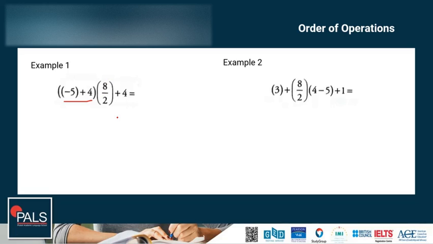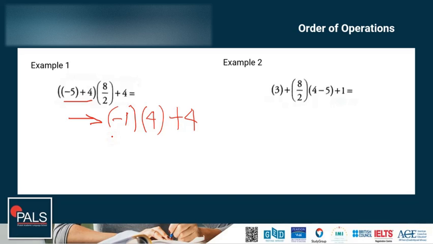Now, let's solve. -5 plus 4 is equal to -1. Then let's enclose it still with a parenthesis. 8 divided by 2 is 4, plus 4. Now, you have the new set of operations.